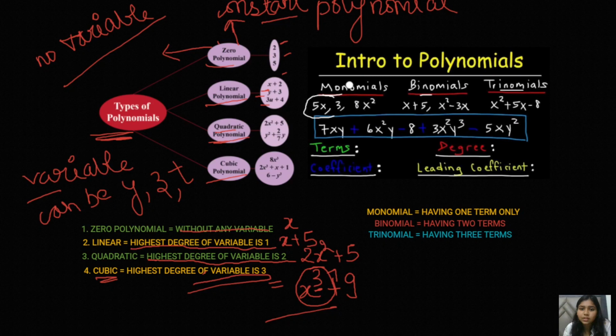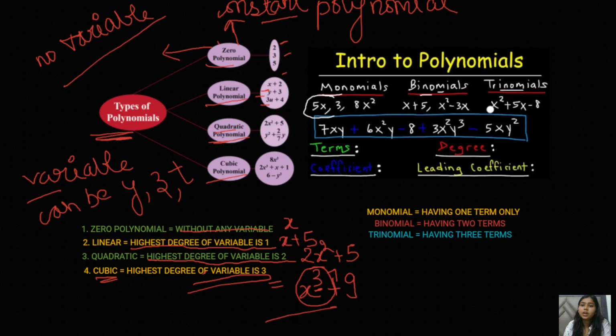That is why it is known as a monomial, because only one term is present here. If we add something in this 5x, for example, if we say 5x plus 3, then it will be considered as binomial, as the two terms will be added with each other, so they will form binomial. When the three terms are added with each other, they are known as the trinomial.